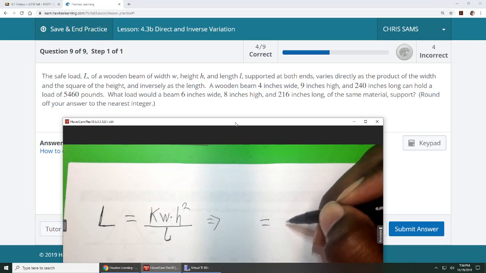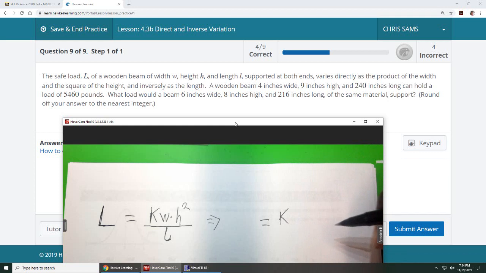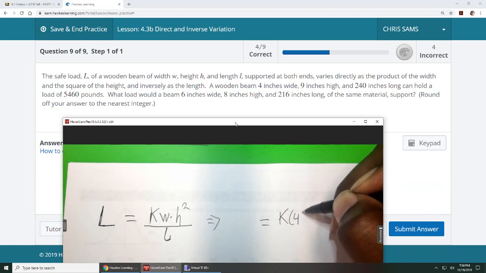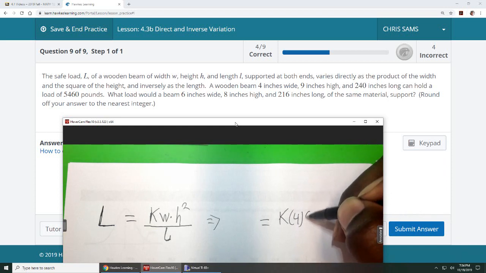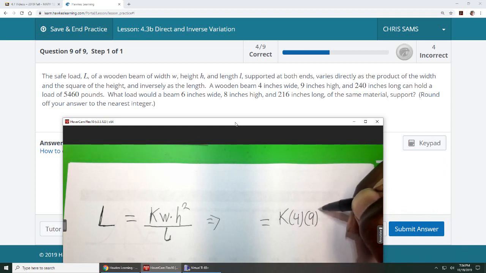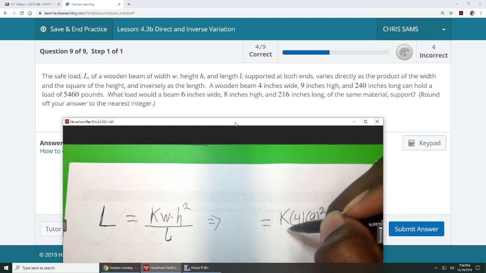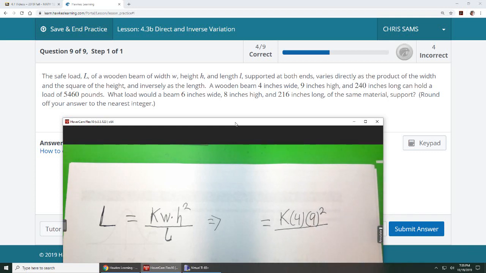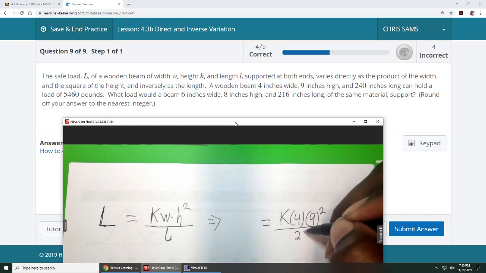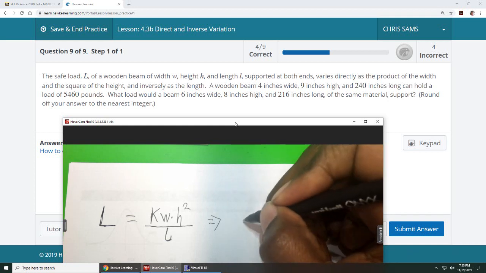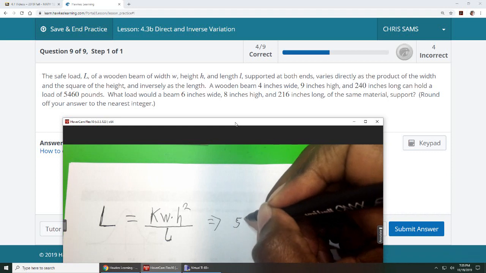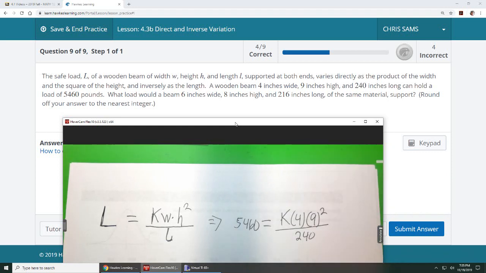I'm going to say equal, and then I have K, and then I know that it is 4 wide, 9 inches high, so H is 9, and that 9 is going to be squared, divided by 240 inches long, so L is 240, can hold a load of 5,460, so 5,460 over here.